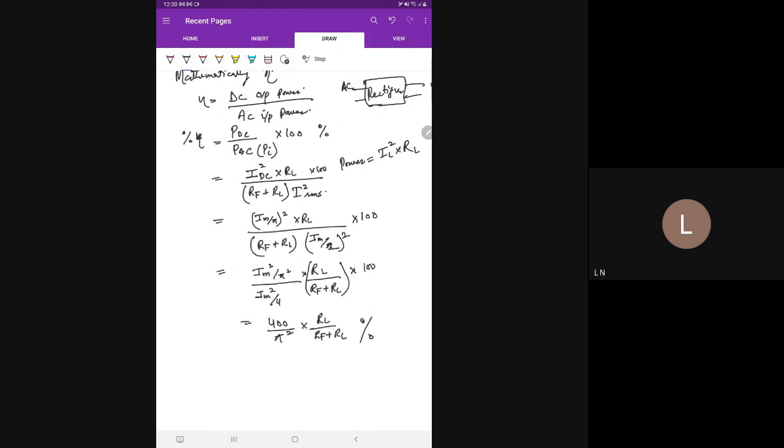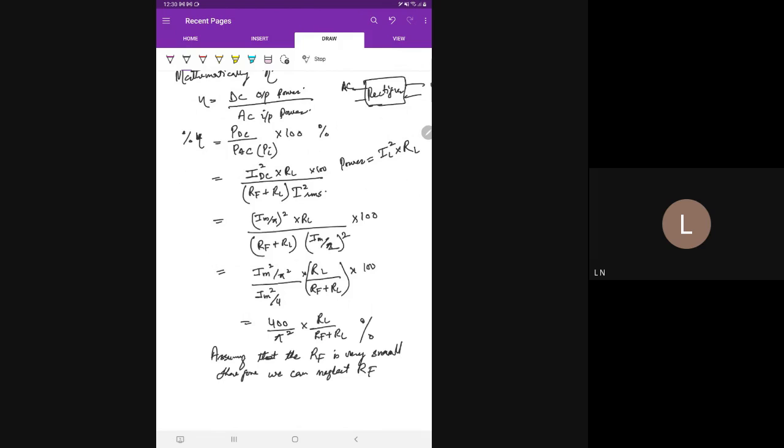Now see, if we assume that the forward resistance of the diode is very small, few ohms, very small, therefore we can neglect Rf.